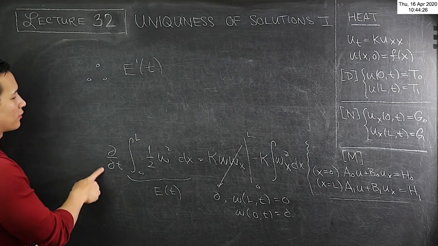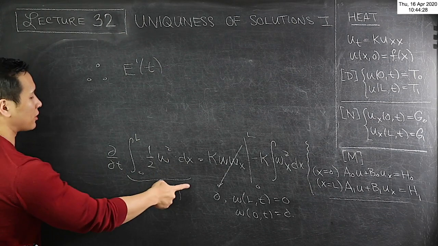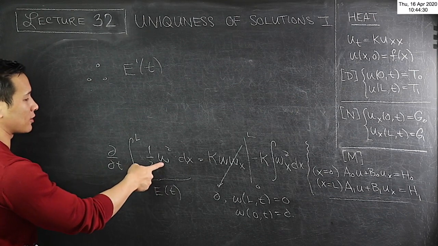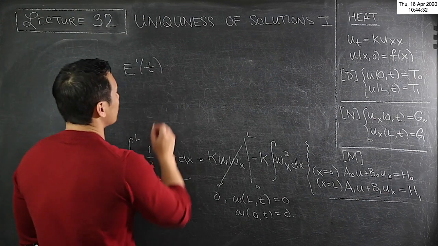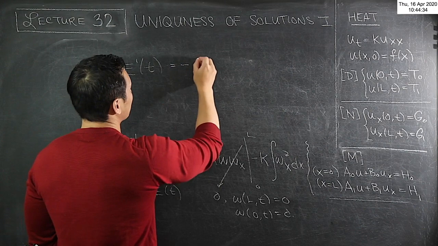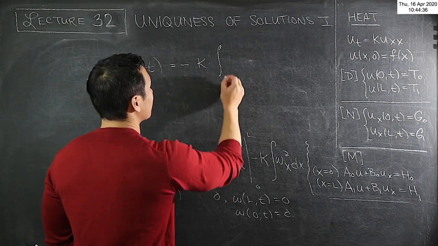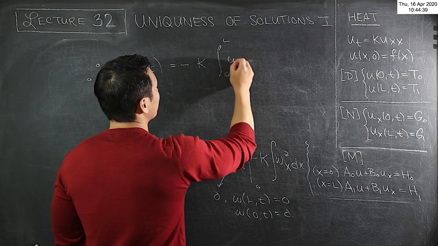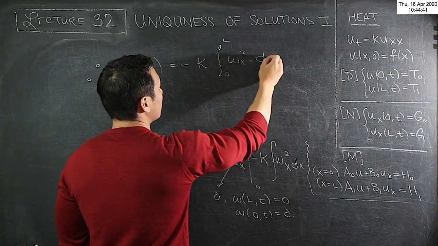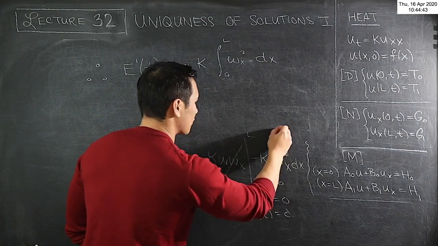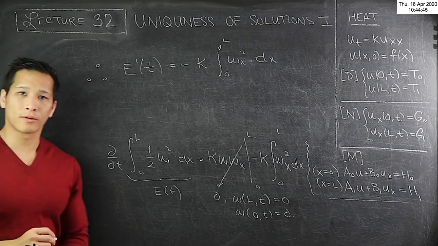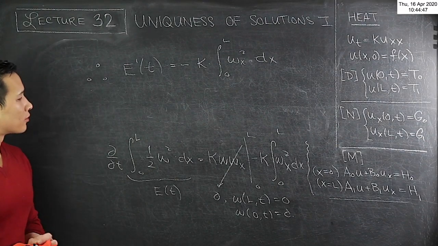It's not a partial derivative because this is completely a function of t, because you've integrated out the x. This is now equal to minus kappa times the integral from 0 to L of wx squared dx. And I was missing a 0 and an L here. Okay? Good.